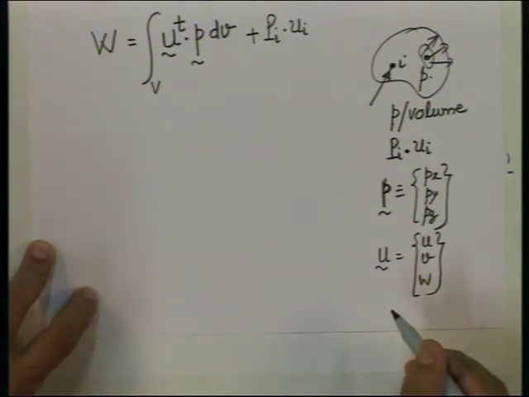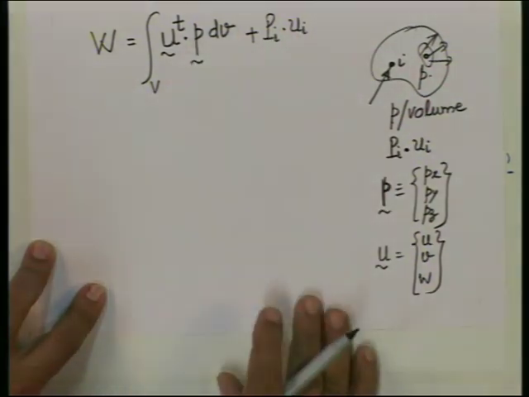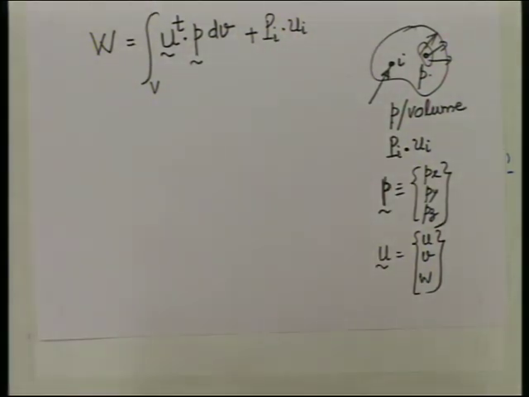If they are working on some node, the ith node, it will be P_i U_i directly. P is a concentrated load, while this one is a distributed load per unit volume. So, this is the work done.